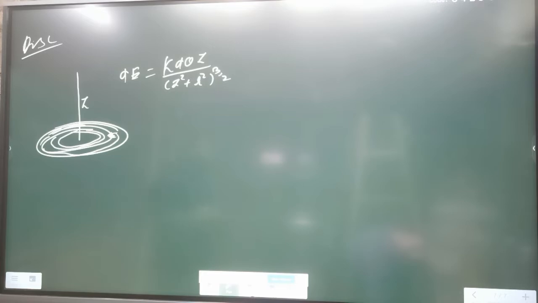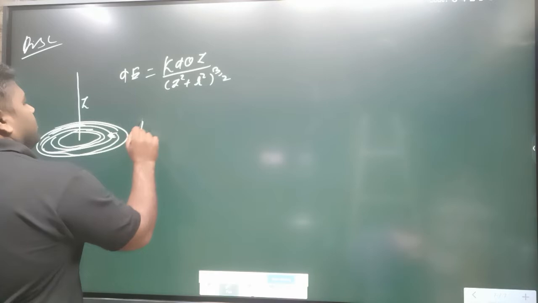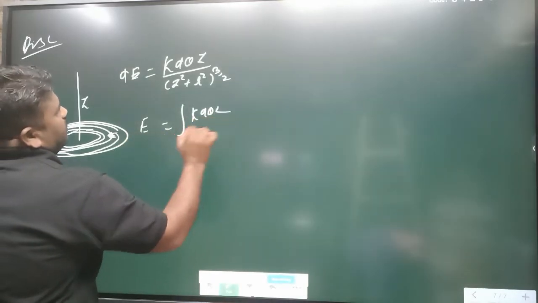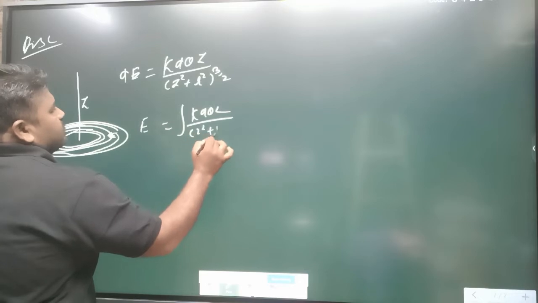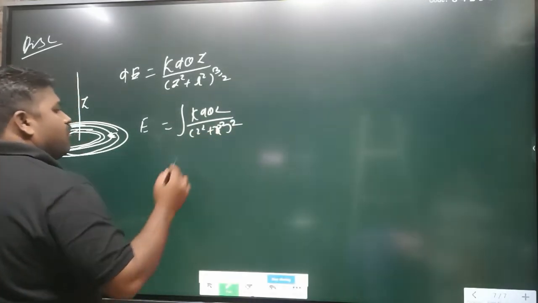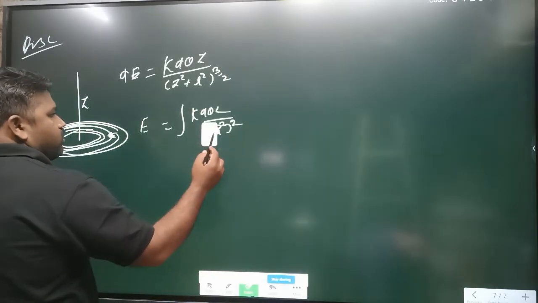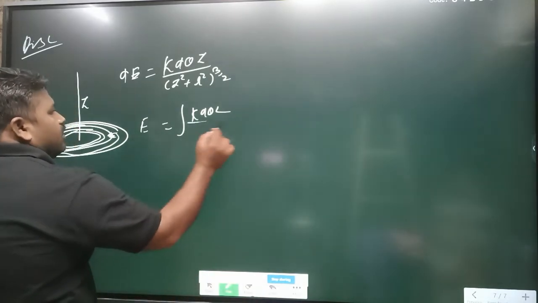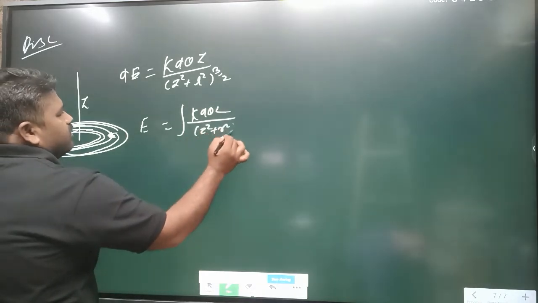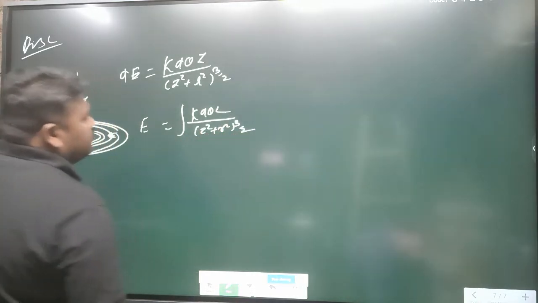Then the electric field E is equal to, yes, integration of K dq Z upon Z square plus small r square, bracket power 3 by 2.